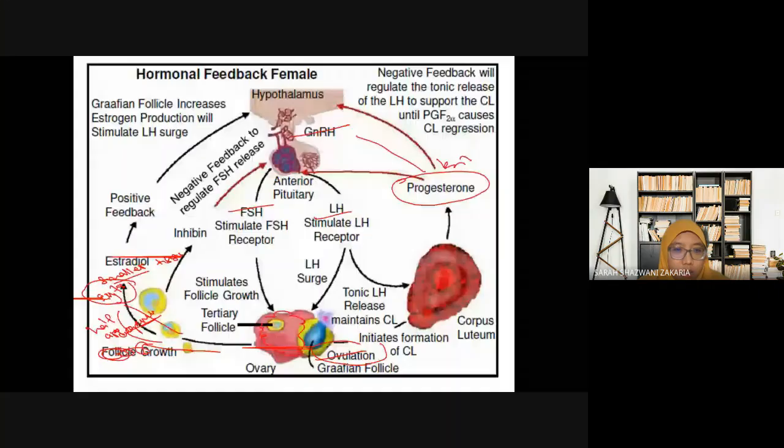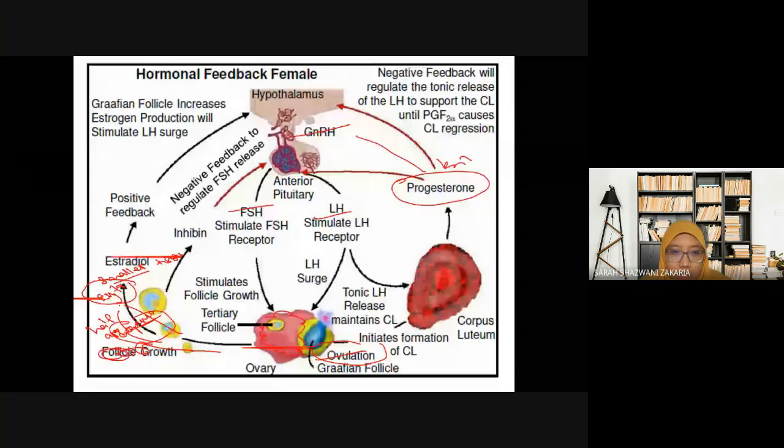And the follicular growth here eventually will degenerate, betul-betul degenerate lah ataupun dia memang satu tisu kecil sebab dia belum besar menjadi like a scar over there lah.